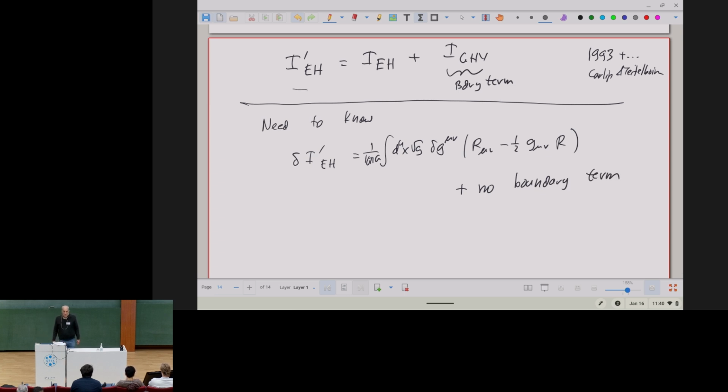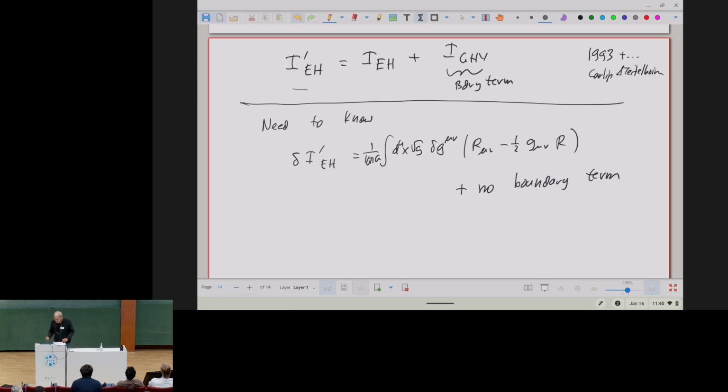We needed the Gibbons-Hawking-York boundary term to make that true, because if you just vary the naive Einstein-Hilbert action, there would be a boundary term in the variation. The role in life of the Gibbons-Hawking-York boundary term is to make this statement that I've written true, that although the action is defined with a boundary term, its variation has no boundary term.